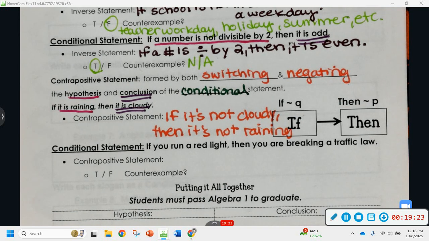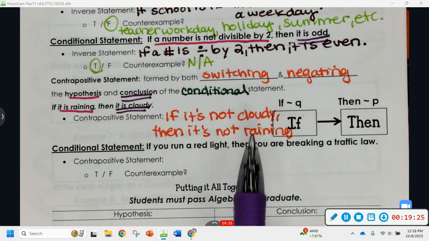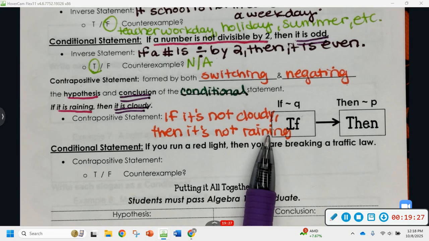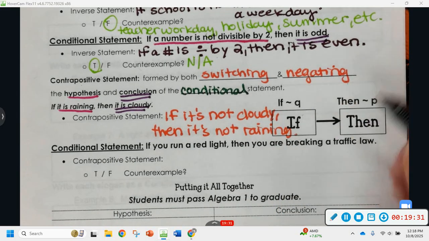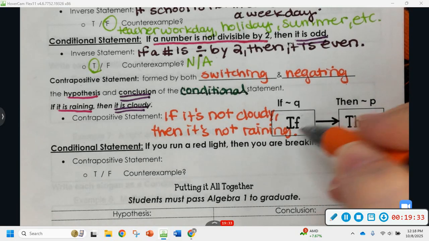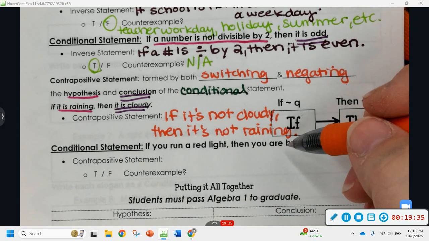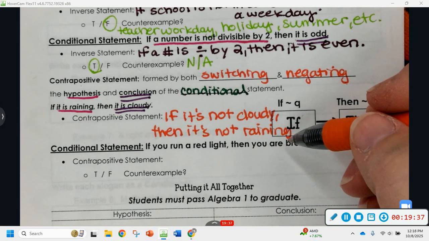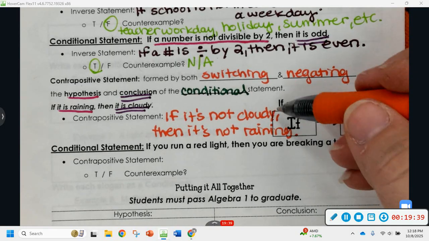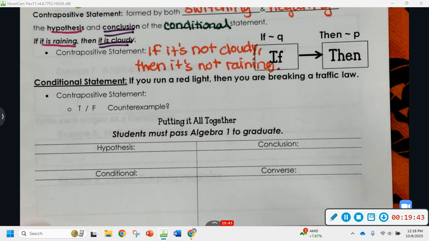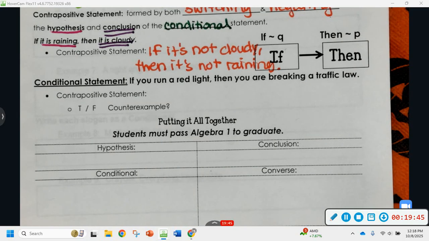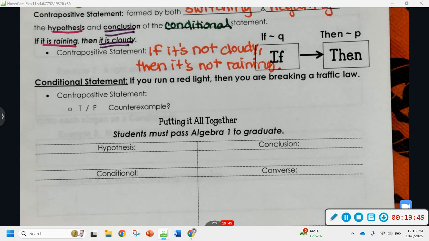Now, if it's not cloudy at all, is it possible for it to be raining? No, it's actually not, because rain comes from the clouds. So what's interesting is that your contrapositive will always have the same truth value as your conditional. If the conditional was originally true, the contrapositive is true.